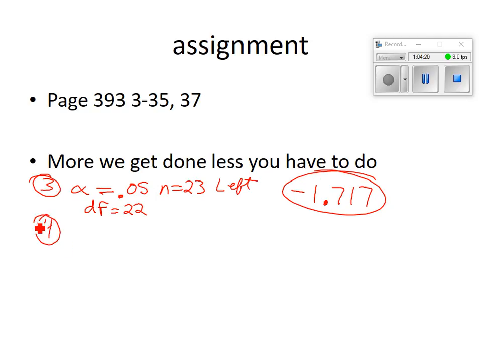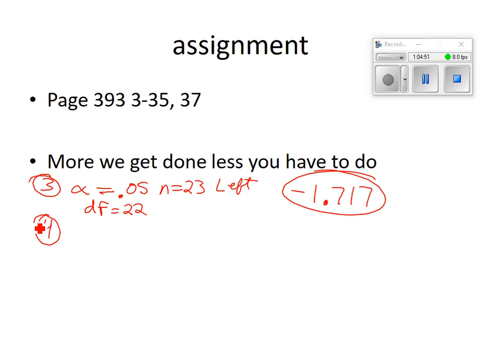Number 4, right-tailed, 0.01, and n equals 11. So what's our df going to be? 10, so we go down to 10. We're right-tailed, so we're one-tailed, and we want 0.01. That gives us 2.764.